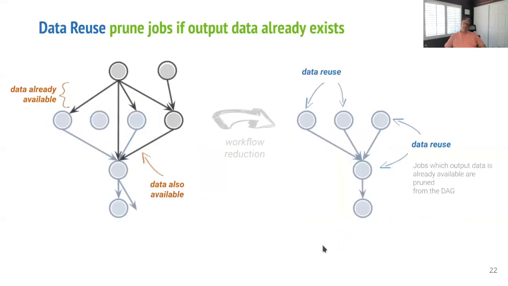So another common thing that we see is pruning of workflows. And the idea here is that if you have a workflow that has partial data available already, I'm circling back to that replica catalog now, right? Where I said it contains inputs, but it could contain more data than just inputs.